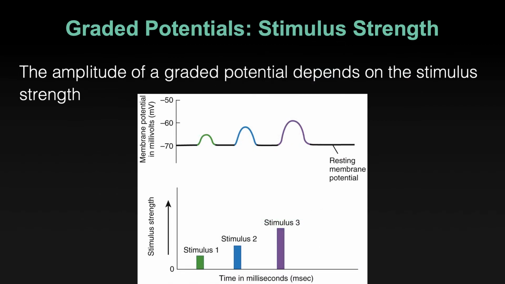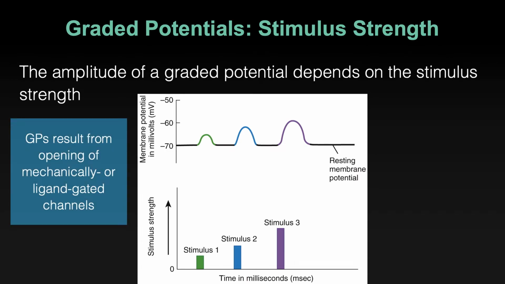First, whether a graded potential happens or not, we can change the strength of that graded potential. You might have heard in the video that a graded potential arises from the opening of special channels. These are mechanical channels, or what are called ligand-gated channels. Ligand simply refers to a molecule that binds to it.